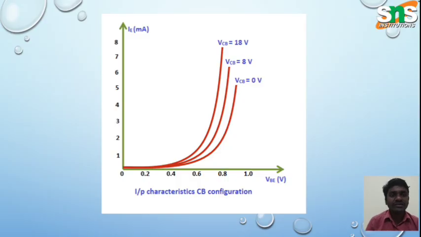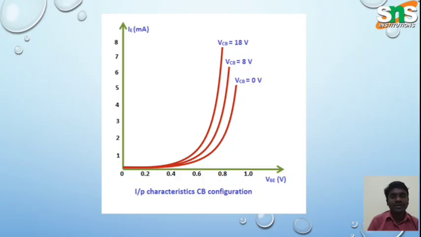While increasing the voltage of the base emitter battery supply gradually, germanium will take 0.3 volt, or silicon will take 0.7 volt to break down.